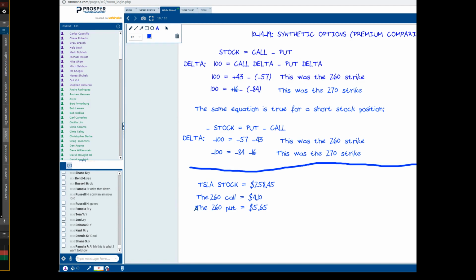So, first off, let's look how much premium there is in each of these options. How much extrinsic value is in each of these options. Okay? So how much extrinsic value or premium is in this call? Okay, what makes up extrinsic value or premium?